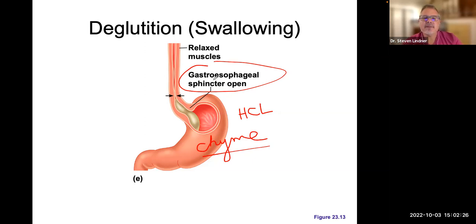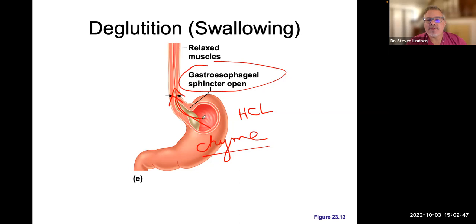If this gastroesophageal sphincter doesn't close and it remains open, as the stomach is churning and breaking down the food, there could be splashing of acids up into the lower esophagus. And that's what creates what they call gastroesophageal reflux disease, or GERD.